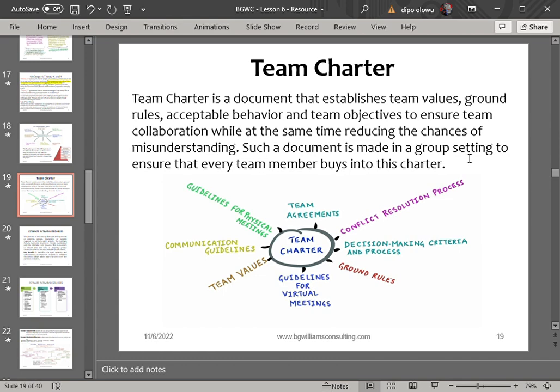Now, the team charter is not created by the project manager. Rather, the team charter is created by all the team members. So everybody must be carried along and say, okay, what are the rules and regulations that we must uphold in this team? Okay, no fighting is a rule. So if anybody fights, what is the punishment? Everybody will agree on the punishment.